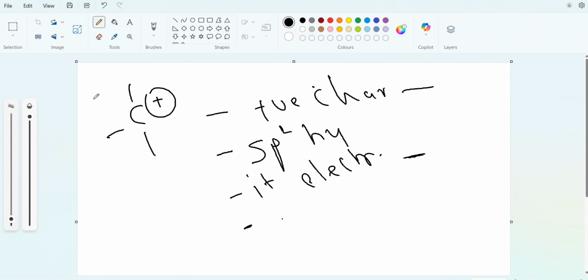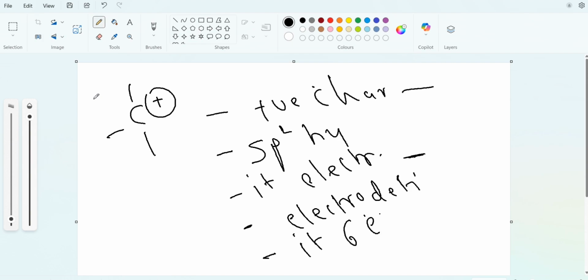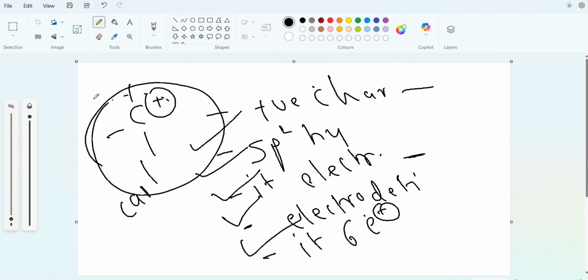Then it acts as an electron deficient species. It has 6 electrons in the outermost shell. These are the main features included in the carbocation.